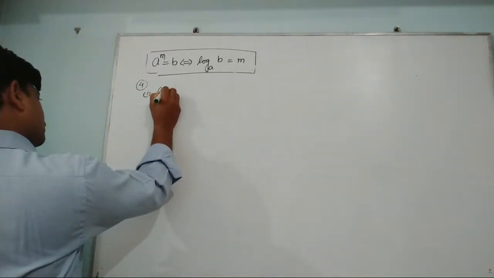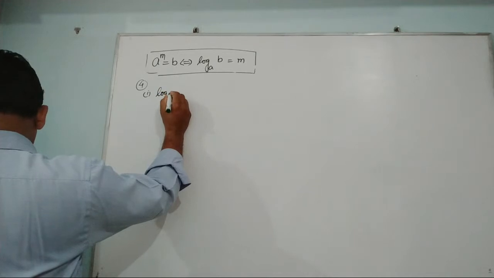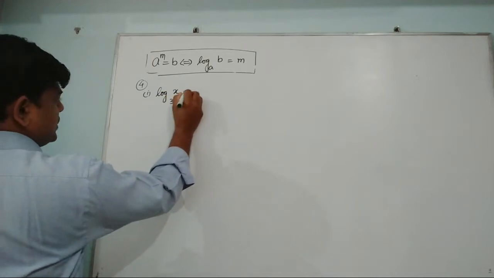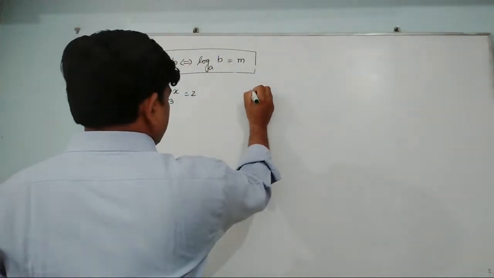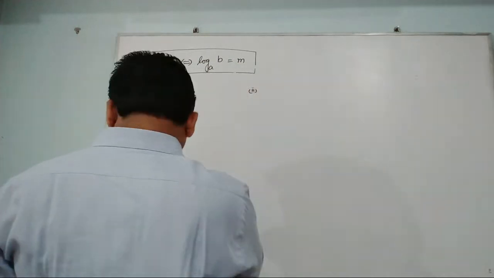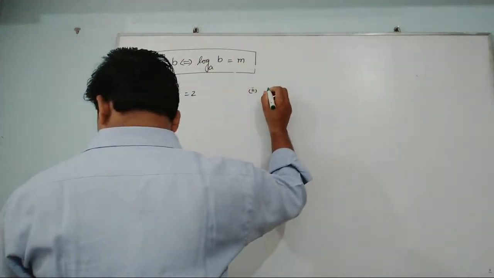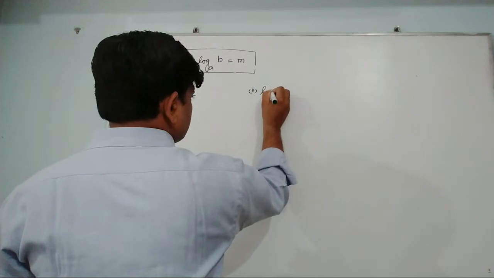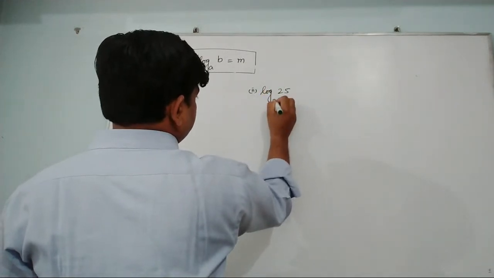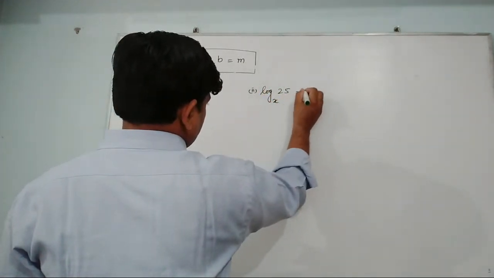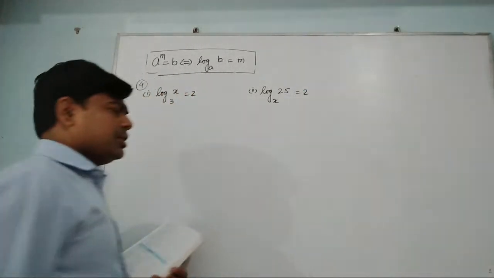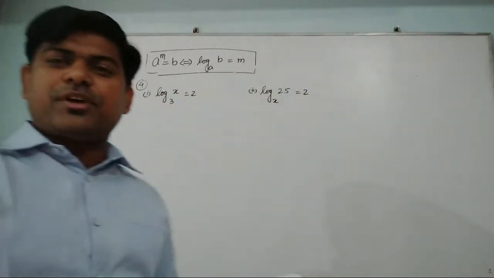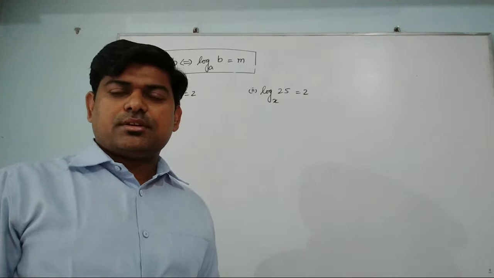You can see the first one, log x base 3 is equal to 2. Second, I am writing here log 25 base x is equal to. And in both, we have to find the value of x.